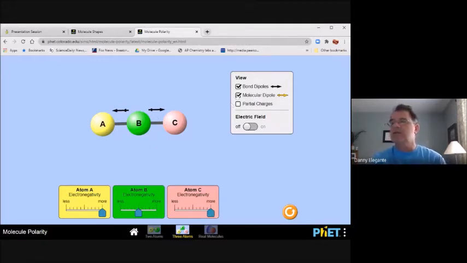If we were looking for the molecular dipole, that's a fancy way of saying, is it more negative on one side and positive on the other? What we see is that doesn't occur.